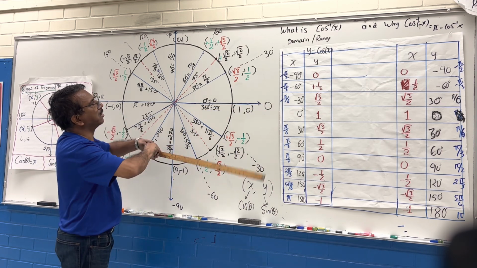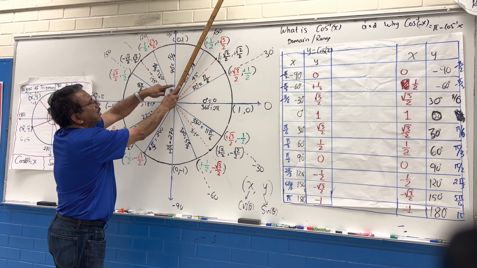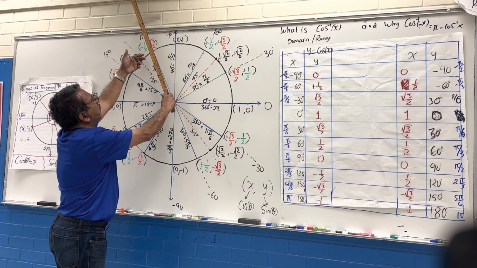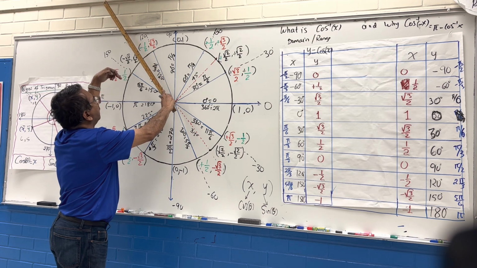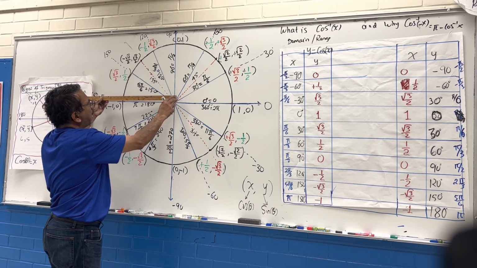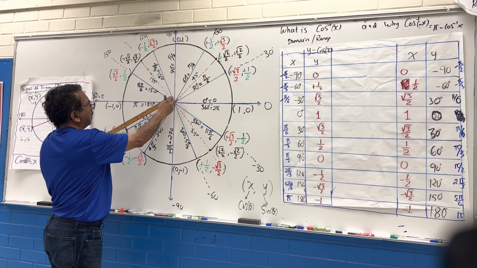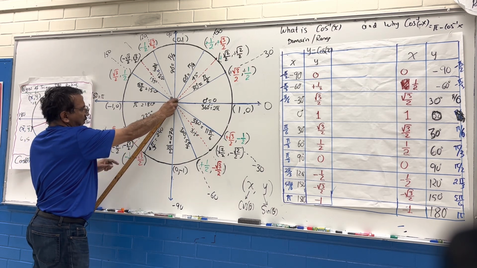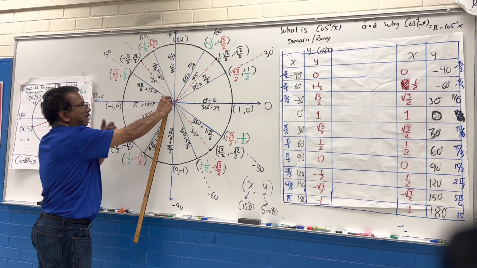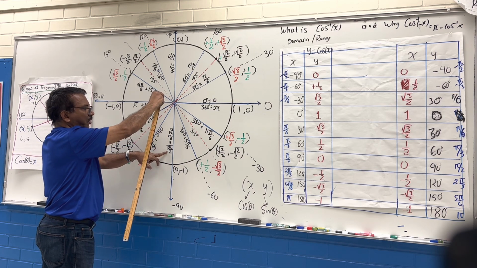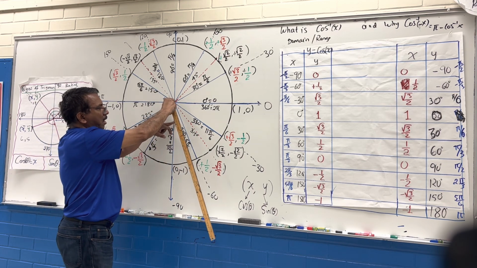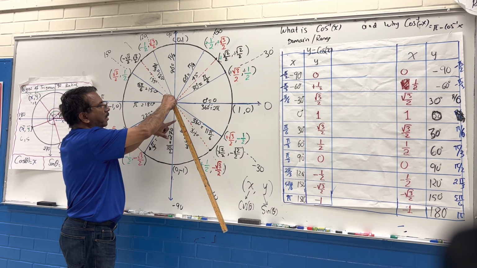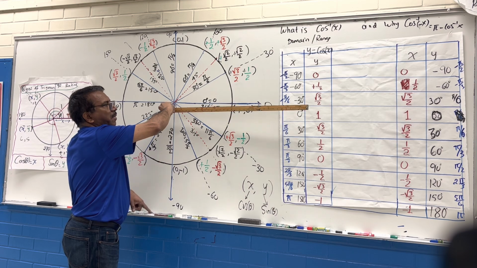I also wrote them in terms of pi by 6: 2 pi by 6 is pi by 3, 3 pi by 6 is pi by 2, 4 pi by 6 is 2 pi by 3, 5 pi by 6, 6 pi by 6 is pi, 7 pi by 6, then 8 pi by 6 reduces to 4 pi by 3, 9 pi by 6 reduces to 3 pi by 2, 10 pi by 6 reduces to 5 pi by 3, 11 pi by 6, and then back to 12 pi by 6.